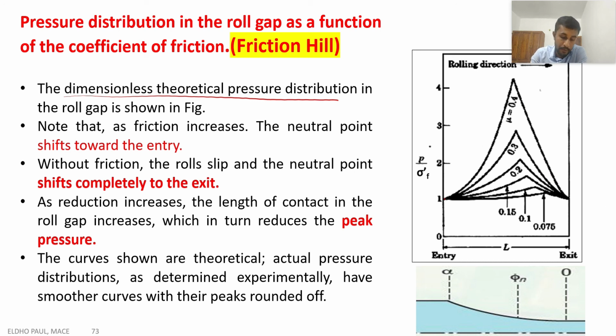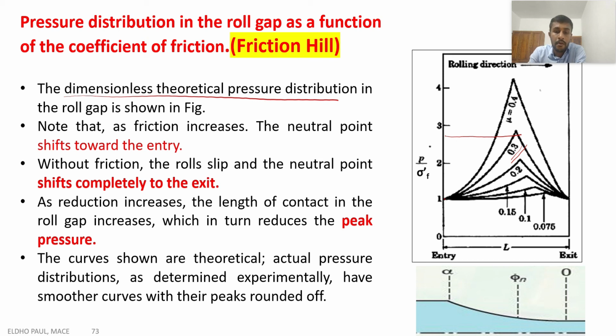Okay, so we can see a friction hill. But if this mu is 0.3, by means of lubrication or any other method, we reduce the friction to 0.3. What happened? The maximum pressure required for the deformation is reduced.